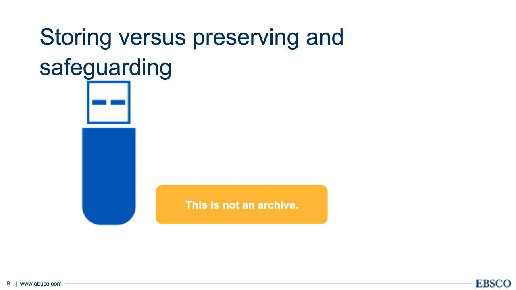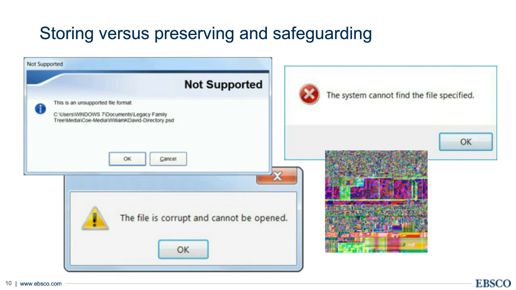If I just store that WordPerfect file or that Lotus 123 file on a server somewhere, how do we know that that file is going to continue to be available and accessible going into the future? We also have issues of bit rot and file corruption where data can be modified over the years just sitting in storage, right?